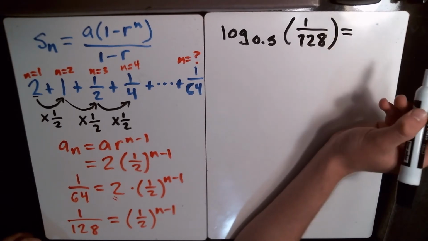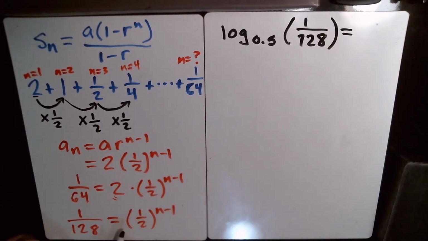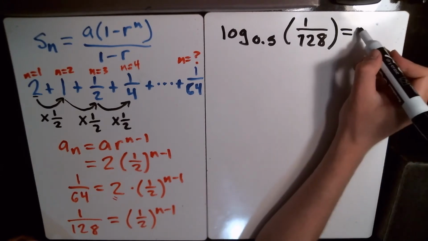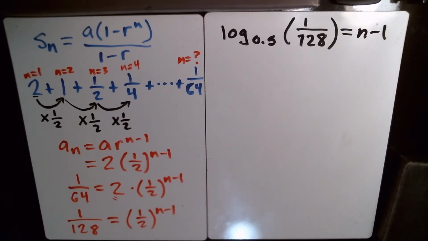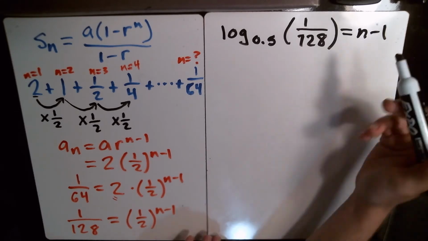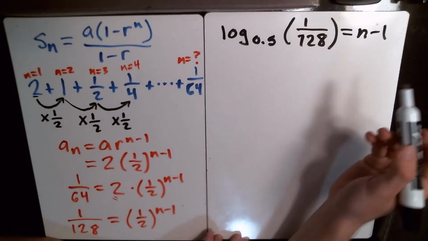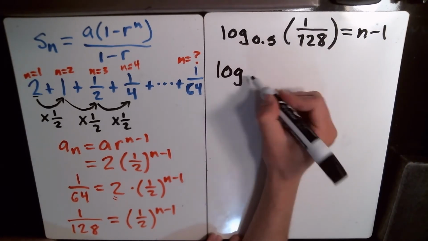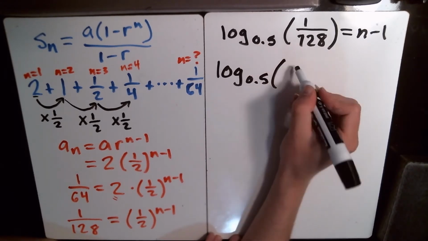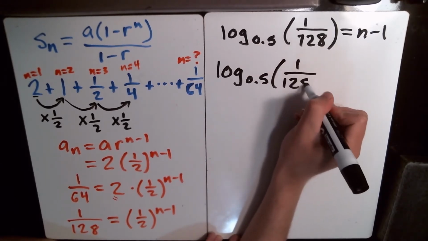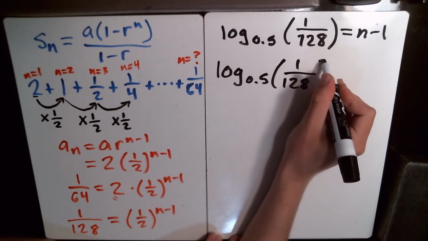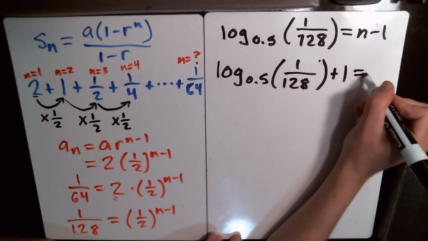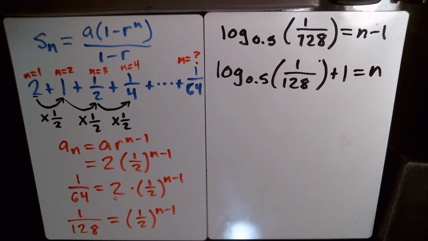The log of a half cancels out and we just get n minus 1. To solve for n, I add 1 to the other side, so 1 over 128 log plus 1 equals n.